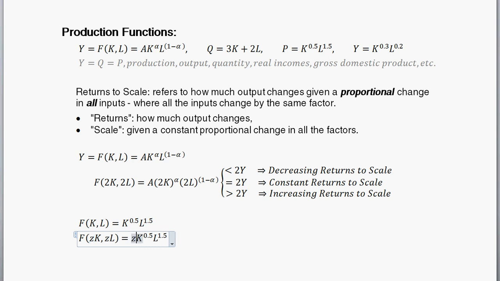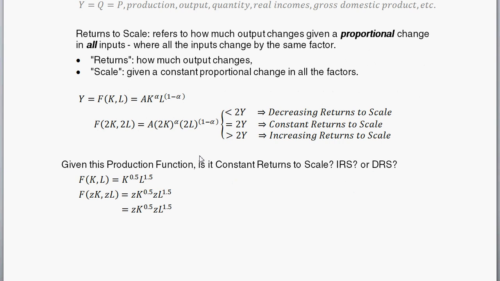So now we add that z in front of all of the factors inside the production function. We plugged in the z here. Now we're going to simplify this expression. We're going to pull out the z's to the front, our scaling factor. The term with K has a K to the 1/2, so I'm going to pull out the z to the 1/2.